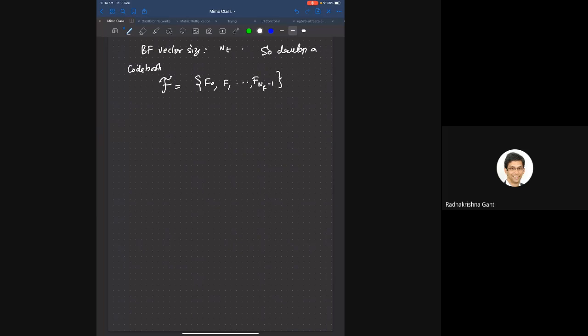So the cardinality of this set is NF. A codebook of size NF with all possible beamforming vectors.